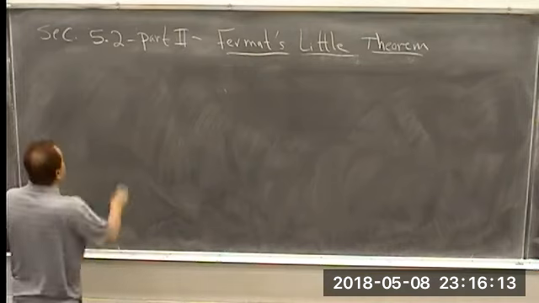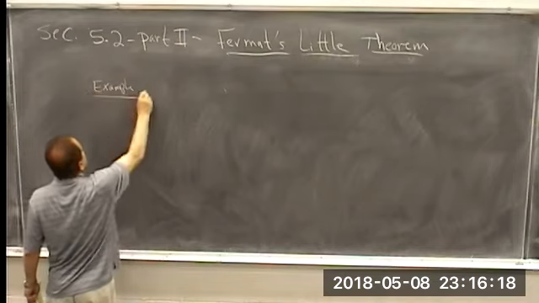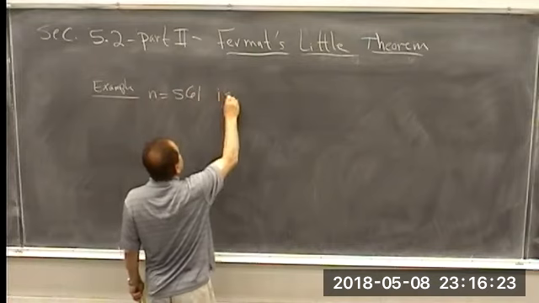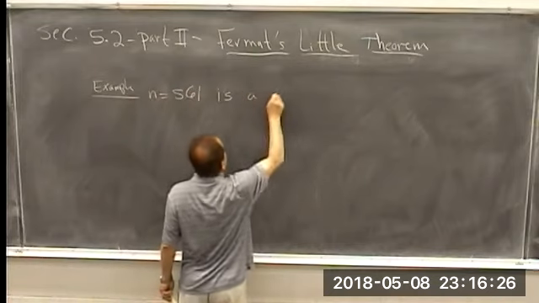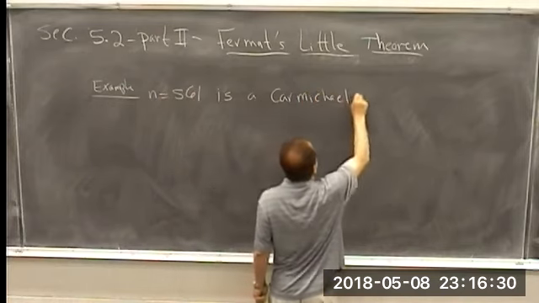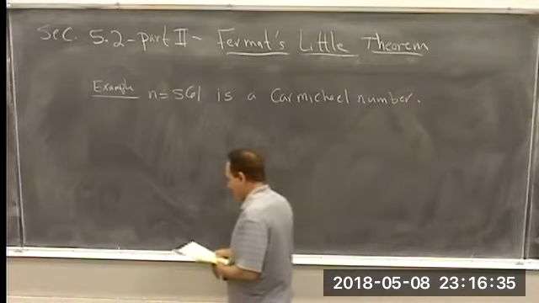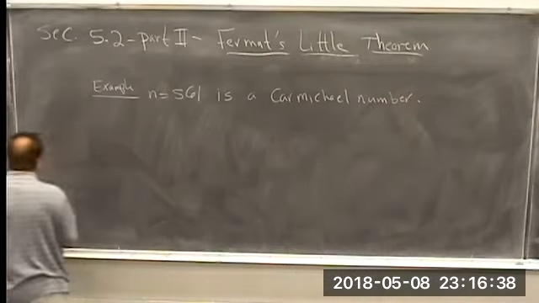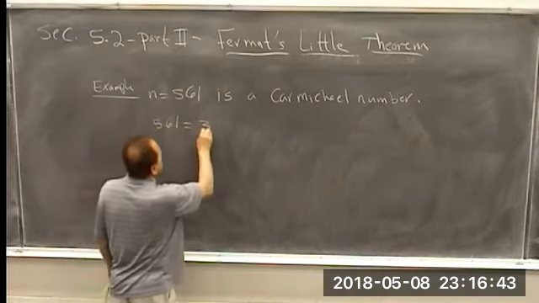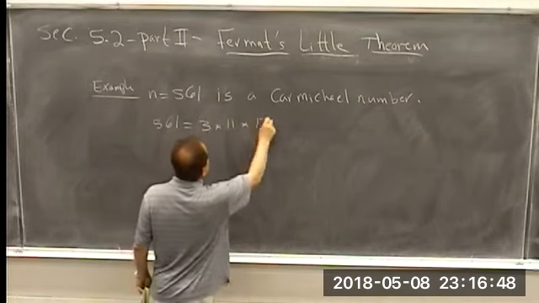So here is an example. n equal 561 is a Carmichael number. First of all, 561 is a product of 3, 11, and 17.